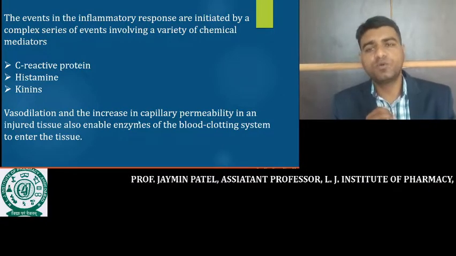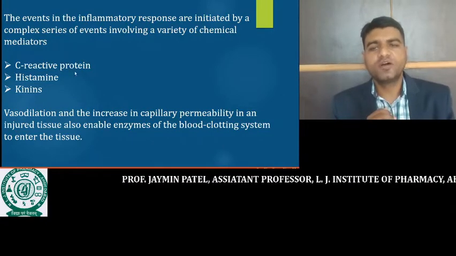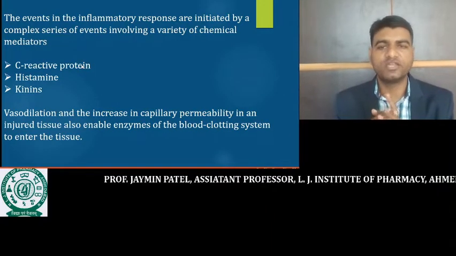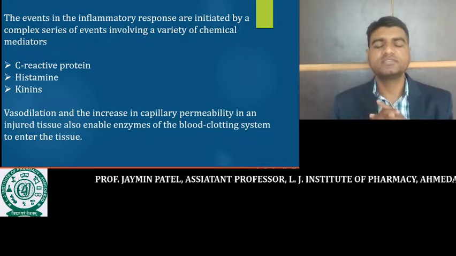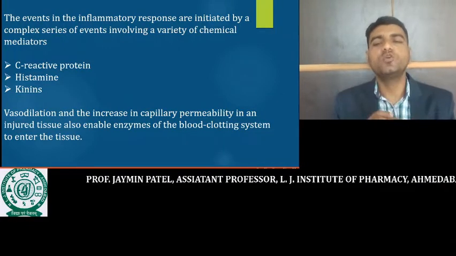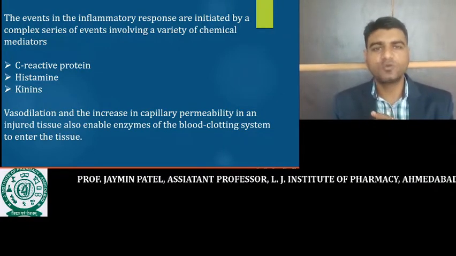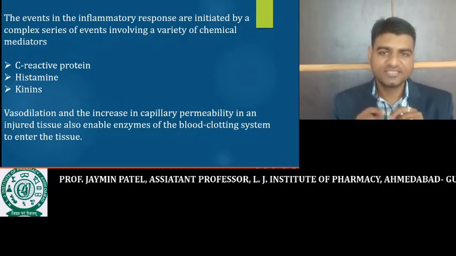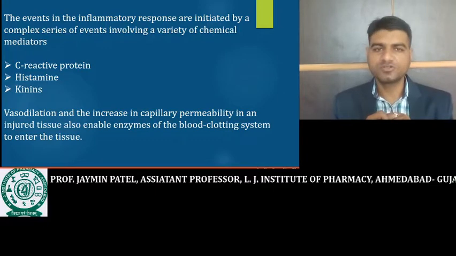If we talk about the important chemical mediators, the first one is C-reactive protein. It is a member of the acute phase proteins. This C-reactive protein is actually produced by the liver.